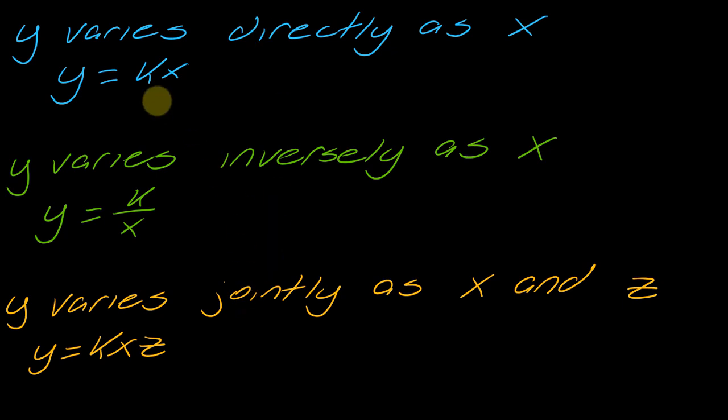They're all doing something to k. Directly means that you are multiplying x by k. Inversely means that you are taking k and dividing it by x, so inversely as x means divide by x. And jointly as x and z means now you're multiplying by both x and z.